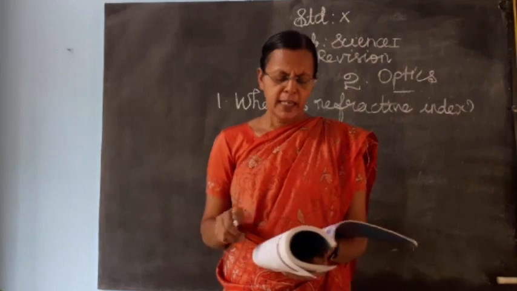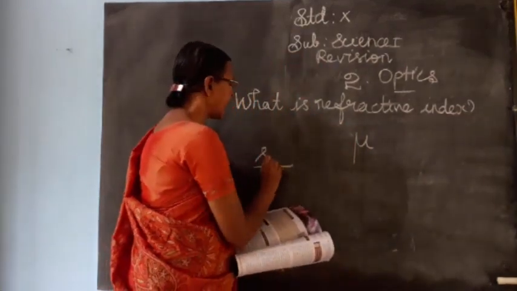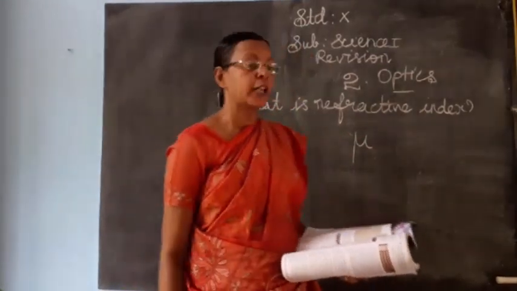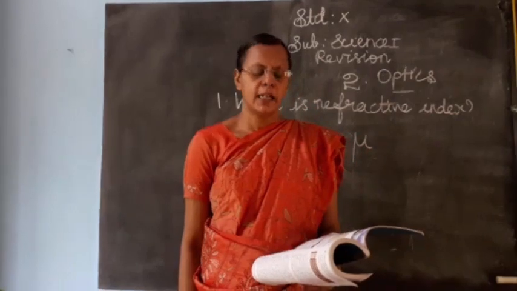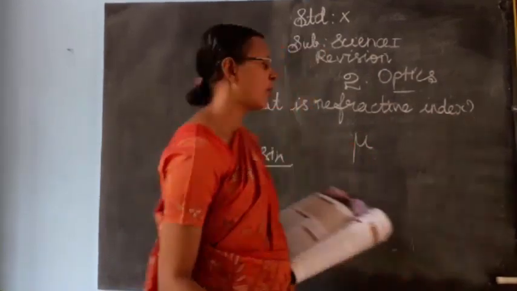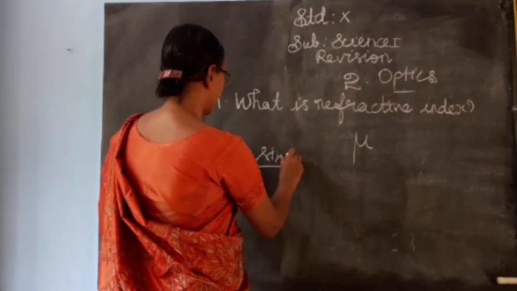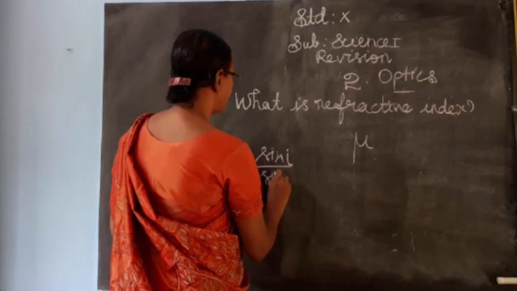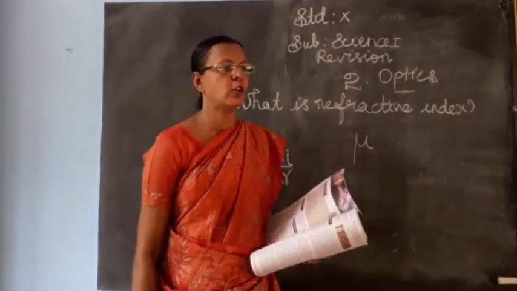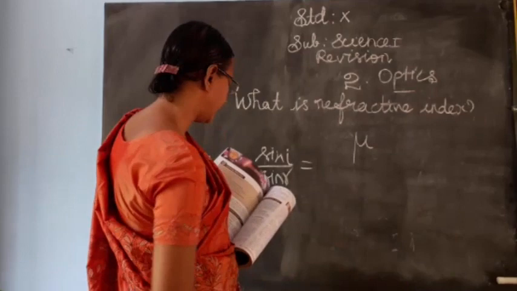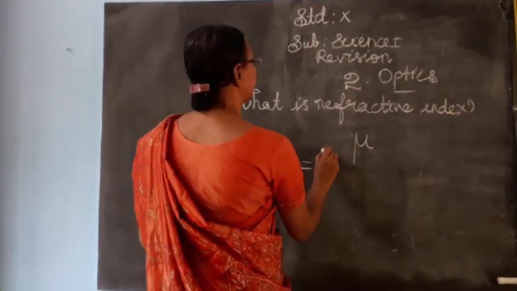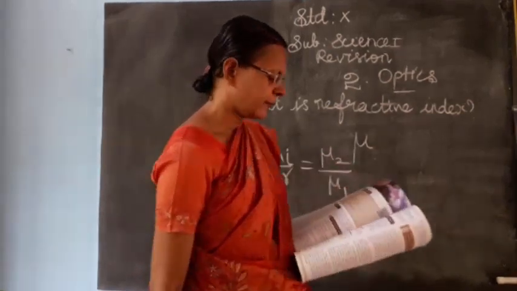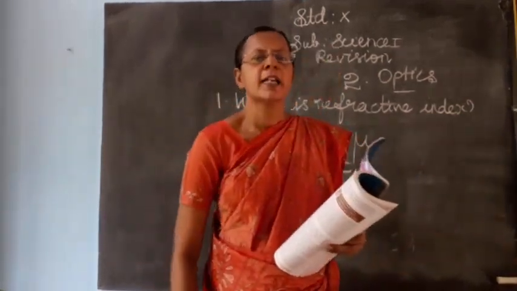The ratio of the sine of angle of incidence to the sine of angle of refraction is equal to the ratio of the refractive indices of the two media, mu2 divided by mu1. This law is known as Snell's law.